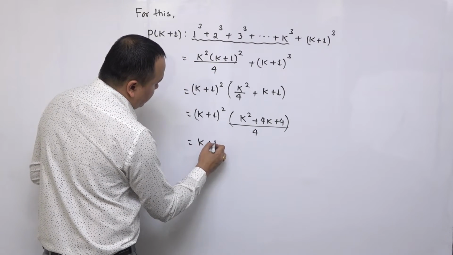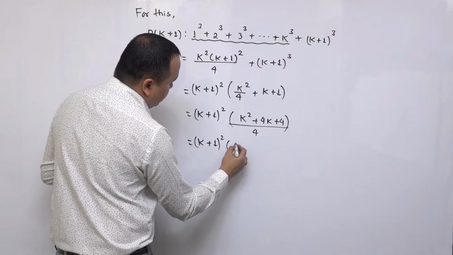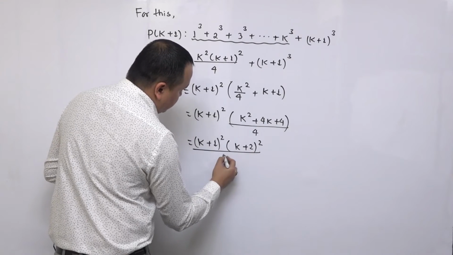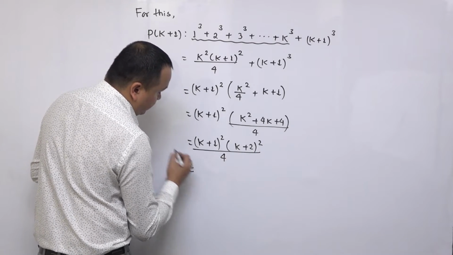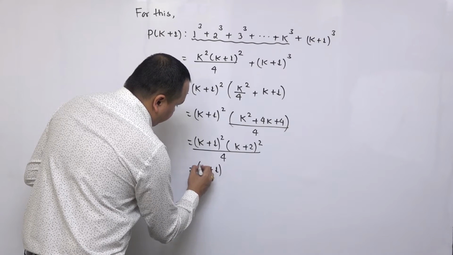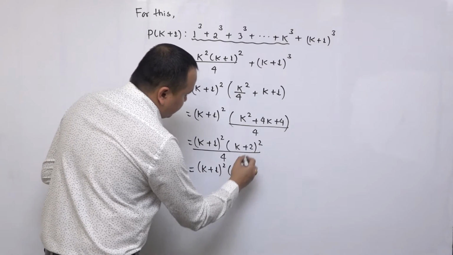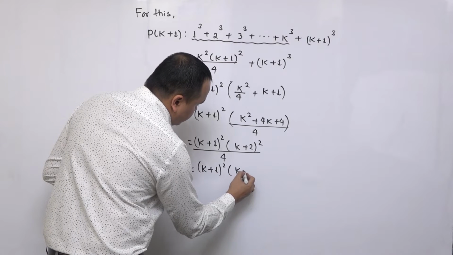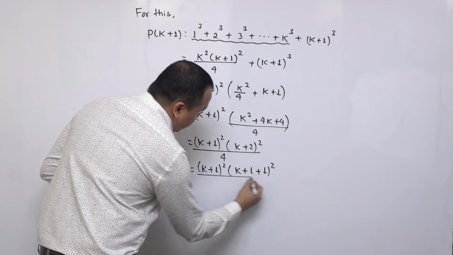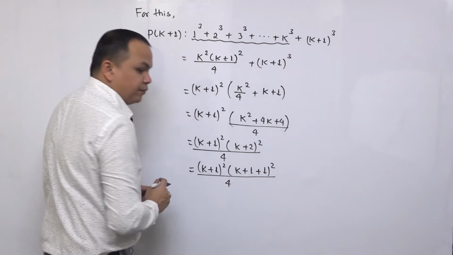This is k plus 1 whole square times k plus 2 whole square divided by 4. So k plus 1 whole square and k plus 2 whole square divided by 4.